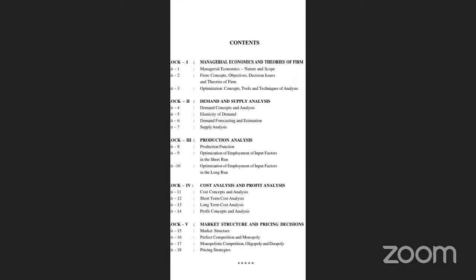All right. So here we go with block 1 consisting of 3 units, which is all about the basics, the very fundamentals of managerial economics, theories of the firm, which includes further nature and scope of managerial economics. What is a firm? Objectives, decisions, and the theories which are connected to the firms.